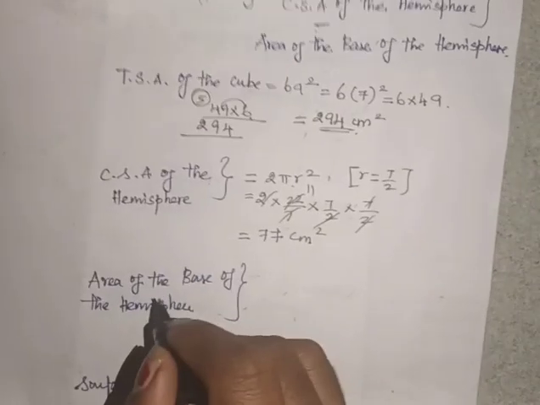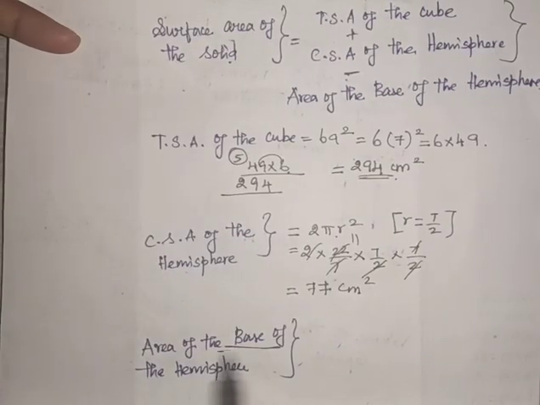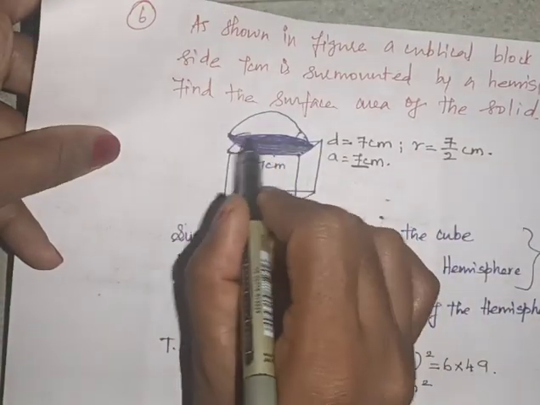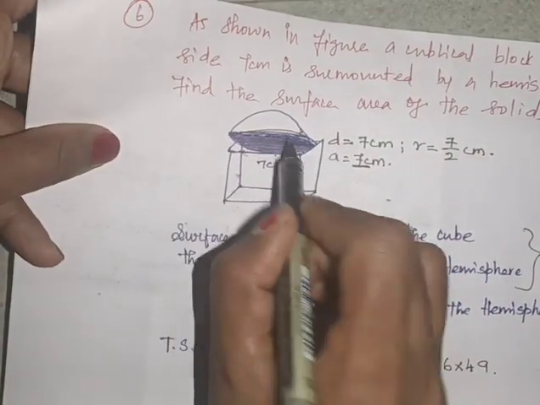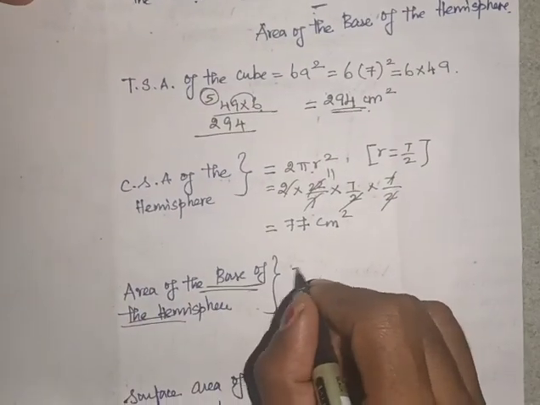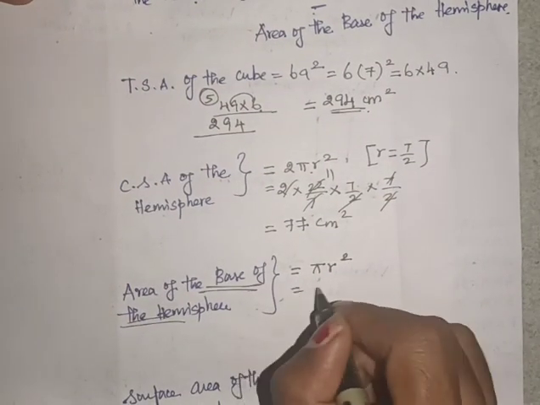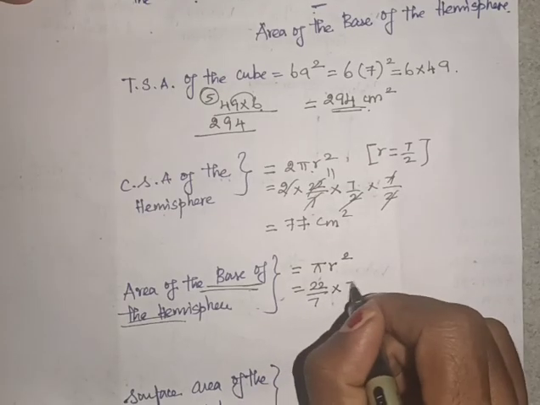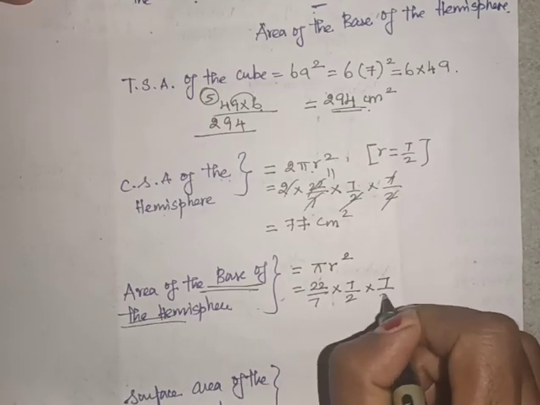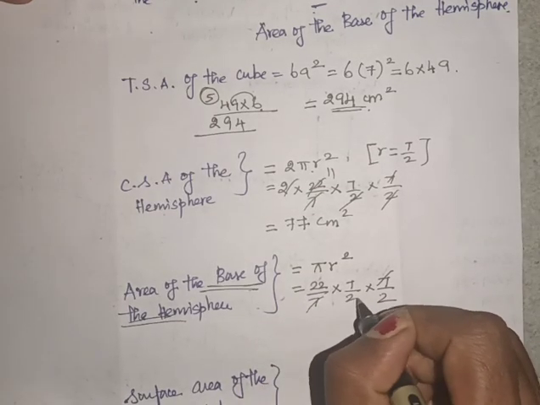Next one, area of base of the hemisphere. This is the area of base of the hemisphere. Formula pi r square. Pi value 22 divided by 7 into 7/2 into 7 divided by 2. 7 get cancelled.